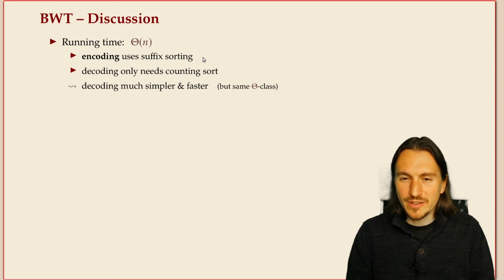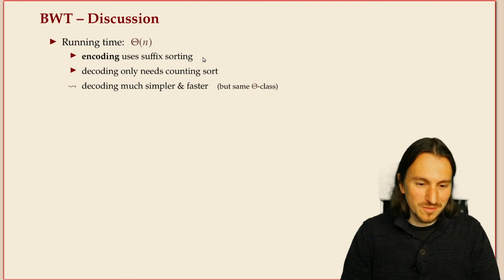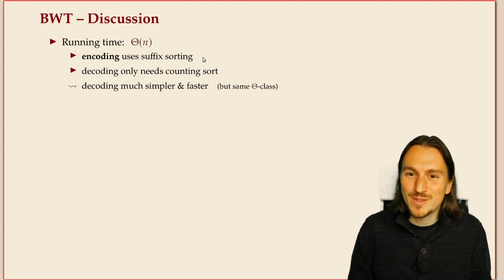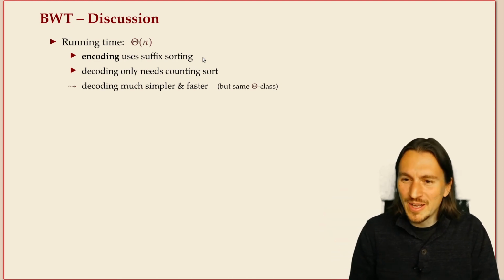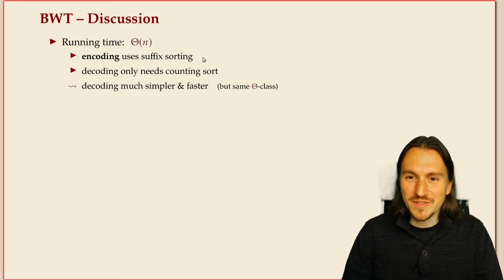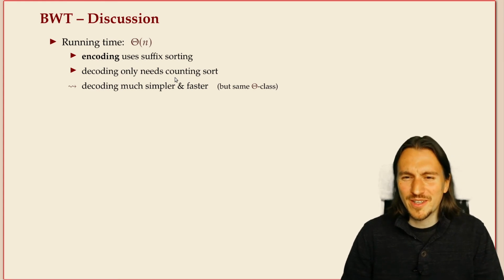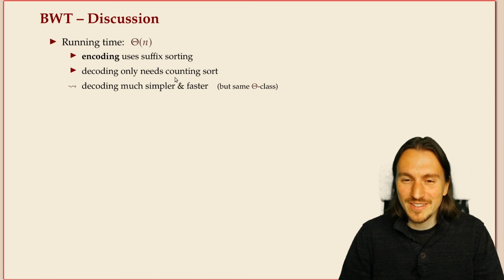We can do it in linear time, but the algorithm needed, well, it was the DC3 algorithm with these 3 steps, and there was this alphabet explosion. We had to rank reduce the alphabet. We had to do a fancy merging method, etc., etc. For decoding, the only thing we need is counting sort. So that's an exercise for a first-year programming class.